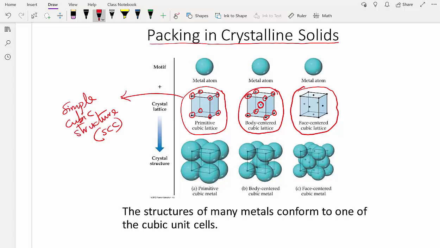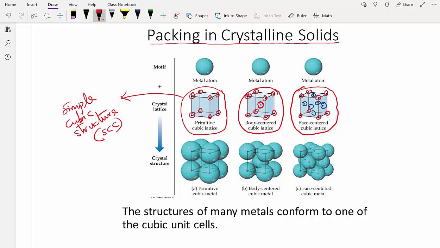The feature of face-centered cubic lattice is that it has the 8 lattice points in the corners, but it also has 6 lattice points on each of the faces of a cube. Remember, a cube has only 6 faces.